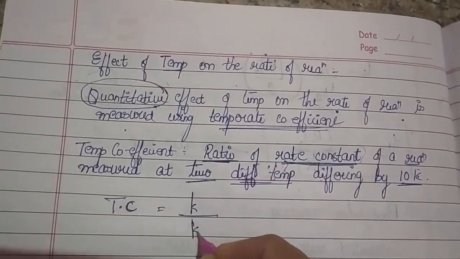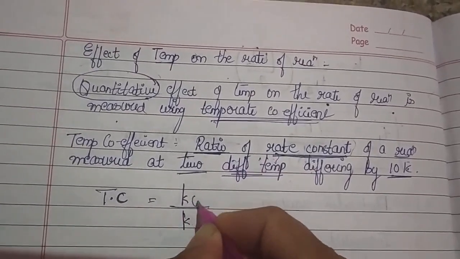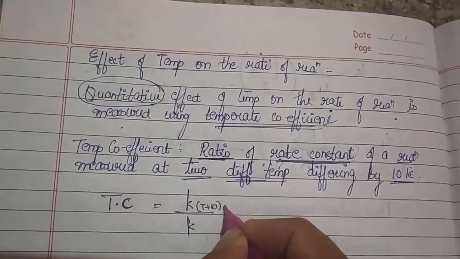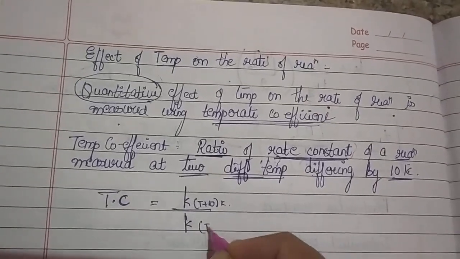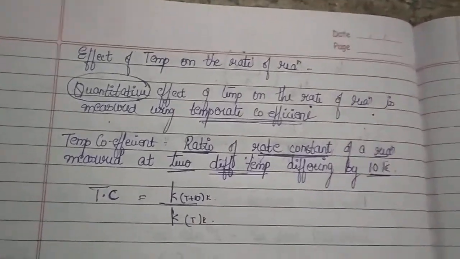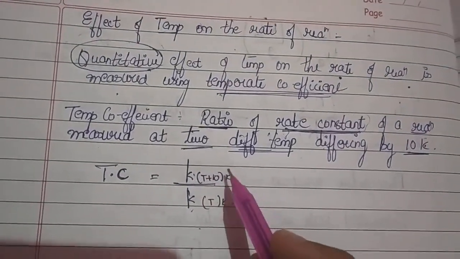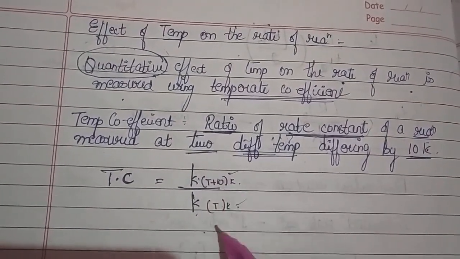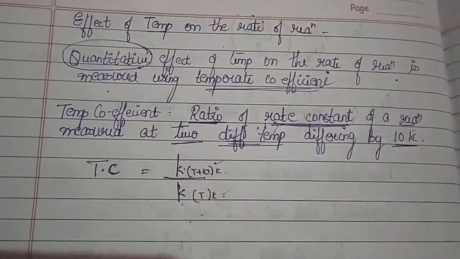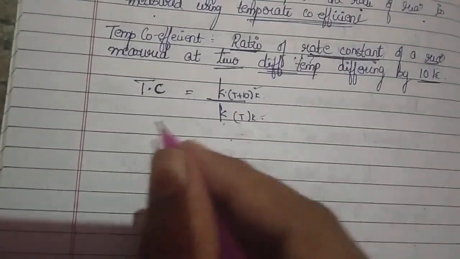If one is measured at T plus 10 Kelvin, then the other is measured at T Kelvin.